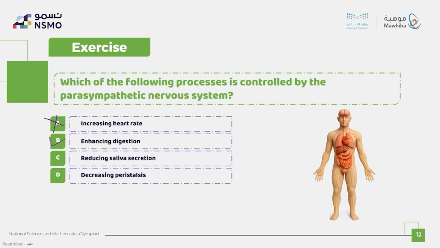What about reducing saliva secretion? This is also wrong, because the parasympathetic system actually increases saliva production. What about option D, decreasing peristalsis? This one is also wrong, because the parasympathetic system increases intestinal movement, not decreases it. So the correct answer, as we said, is B, enhancing digestion.